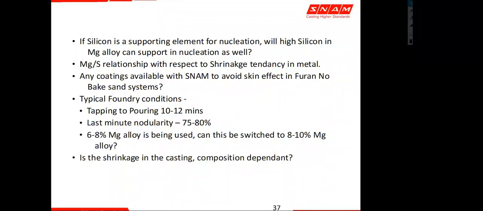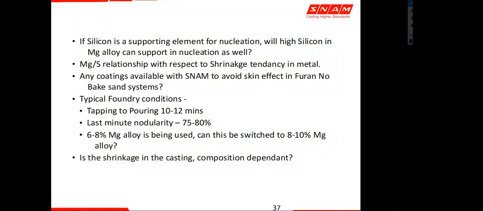Is it just because of the magnesium, or the handling of this magnesium alloy, like variation in the process parameters which has let the magnesium get lost and then reduced nodularity? Or you can work on altering other ingredients in your nodulizer, like calcium content or rare earth content, where you still get 90% nodularity with the same residual magnesium. So this increase in magnesium may not be required. To get into further details, you may write to us, and we'll work on a solution with you.